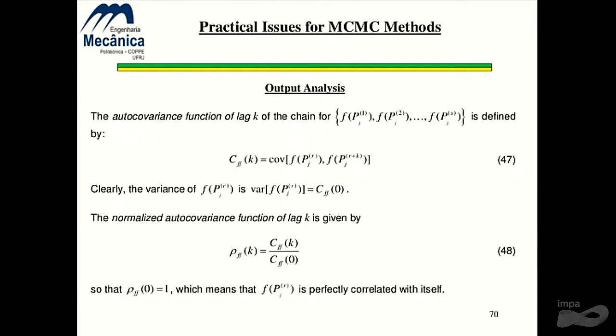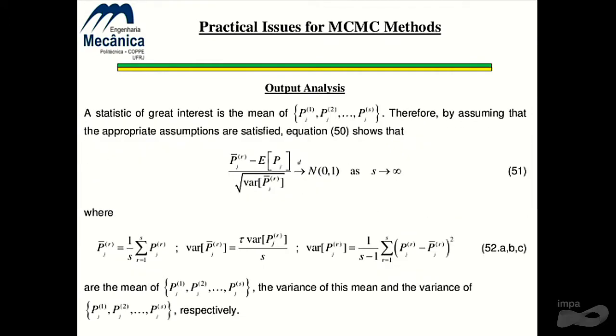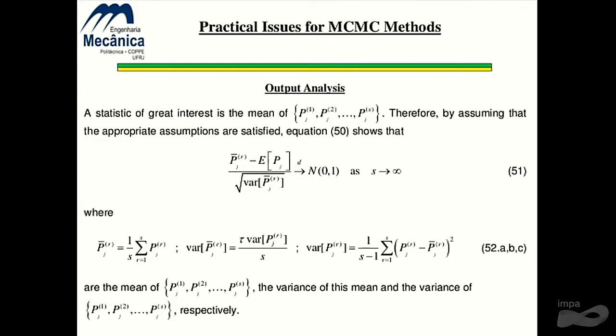And why is this so important? Because from the central limit theorem, we can show that the mean has a Gaussian distribution.